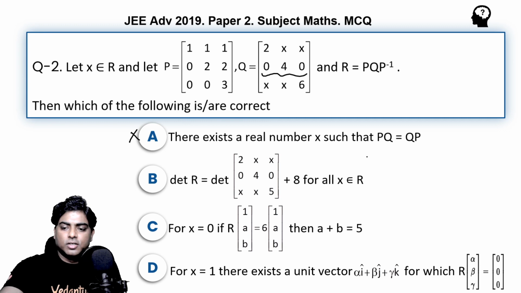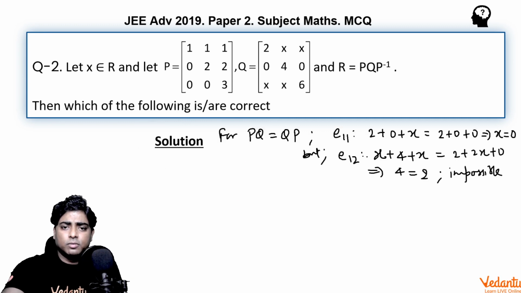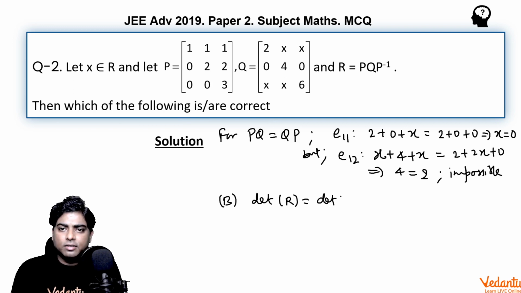So for B, det of R is equal to det of Q, which is 4 times 12 minus x square.